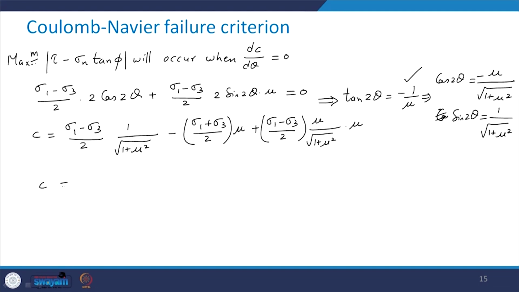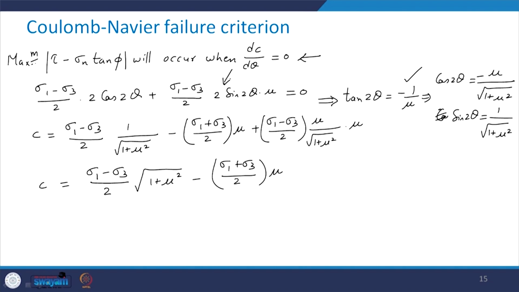So C is going to be equal to (sigma 1 minus sigma 3) upon 2 into square root of 1 plus mu square, minus (sigma 1 plus sigma 3) upon 2 into mu. See here that when we do this step we get this equation, and if you solve it, this is what you are going to get.